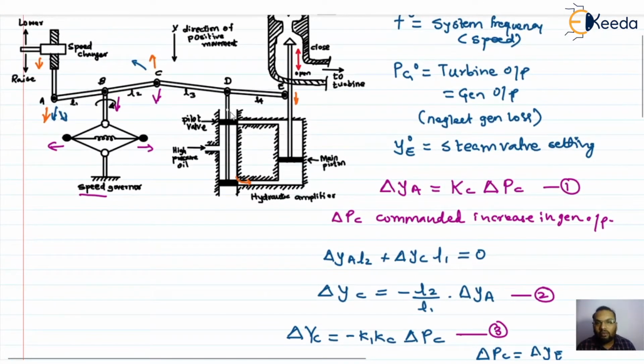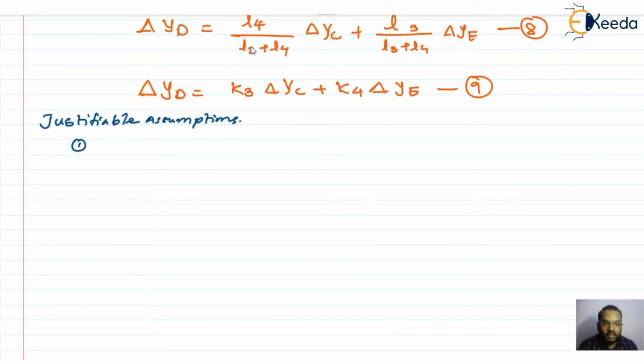Now see what happens. This movement of point D, whether it is moving upward or downward, will directly affect the position of point E. As I said, the movement of point D results in movement of point E. So the movement of point E, I can write with some proportionality constant K5.